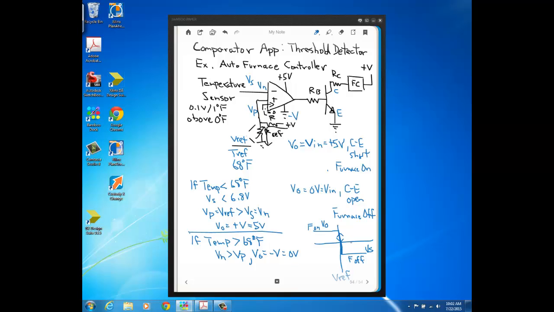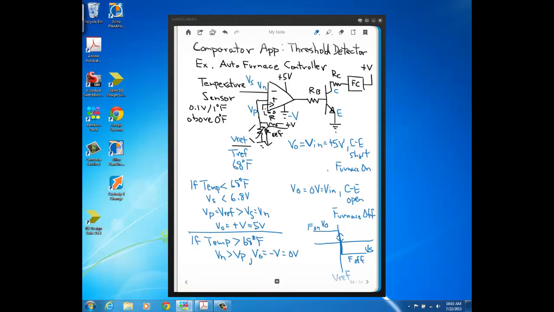So you see this right here is what marks the instability point. It's when your input voltage is hovering around the reference voltage, that on one side of that reference voltage you're going to get one value of V out, which in this case is going to turn the furnace on, and on the other side of that reference voltage you're going to get the other value of V out, which is going to turn the furnace off. And it's not good for a furnace, or any mechanical device for that matter, to be quickly turned on and off like that.